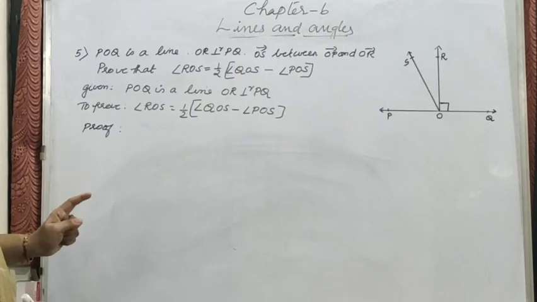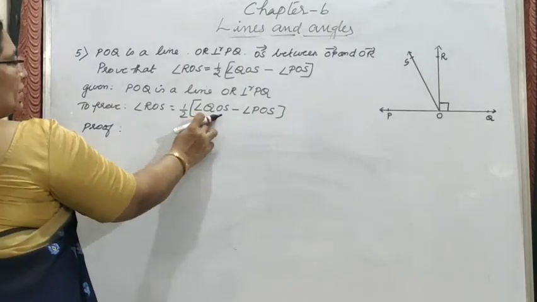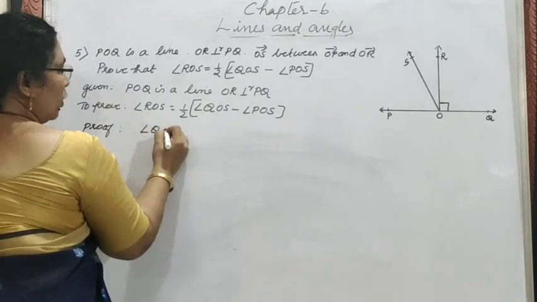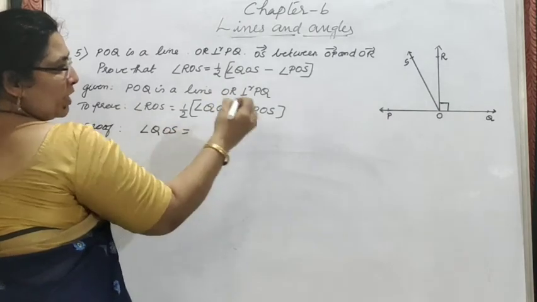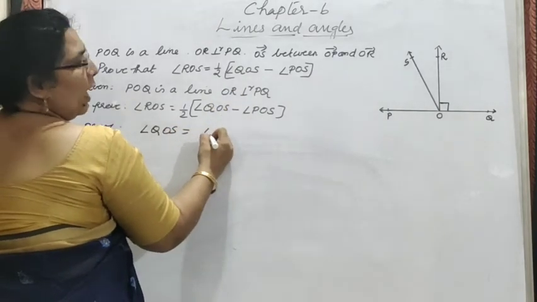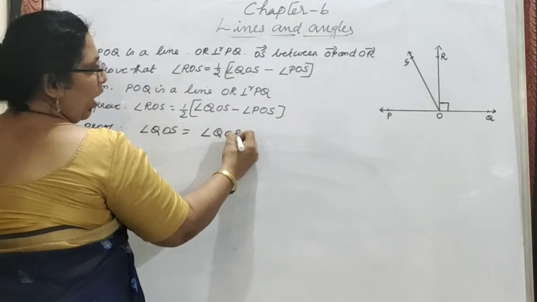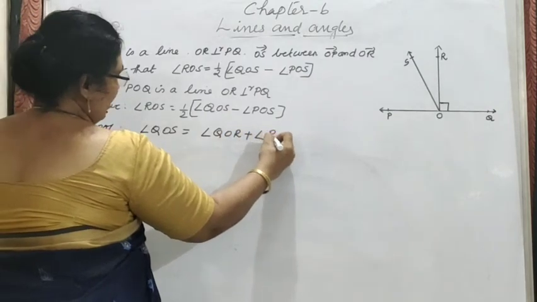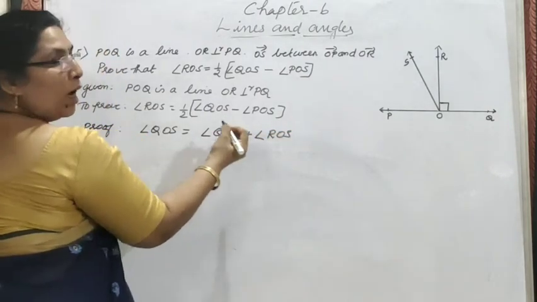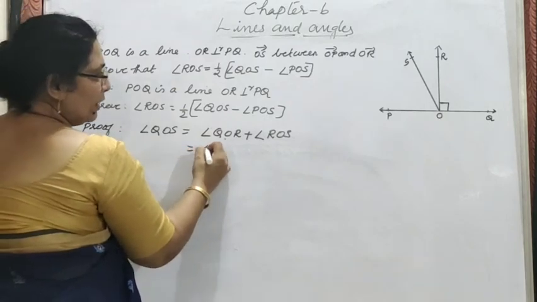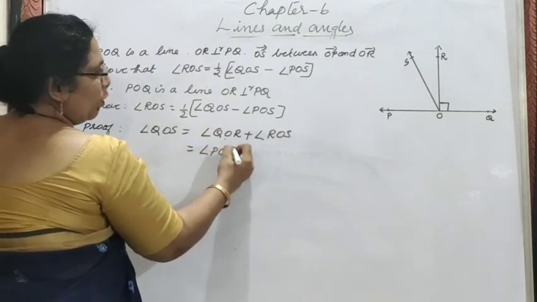I repeat the proof once again. What is this angle? Right side angle QOS. So I am writing QOS. From the figure you can write angle QOR plus angle ROS. Now QOR is to be replaced with another 90 degree, that is POR.